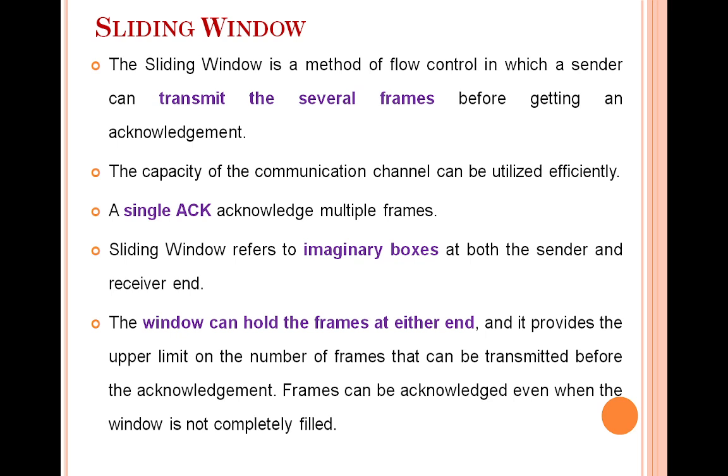Whenever the sender sends data frames, it keeps them in that sliding window. Later it sends the acknowledgement signal to the sender. Once the acknowledgement is sent, it will shrink. Once a data frame is successfully received, it will expand.